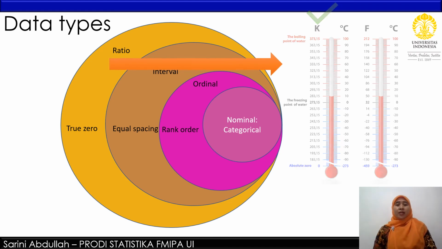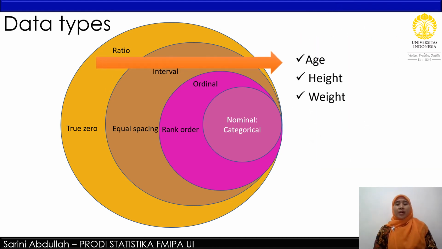There are lots of other measurements that are of the ratio scale, for example age, height, and weight. For these measurements, you can do mathematical operations.